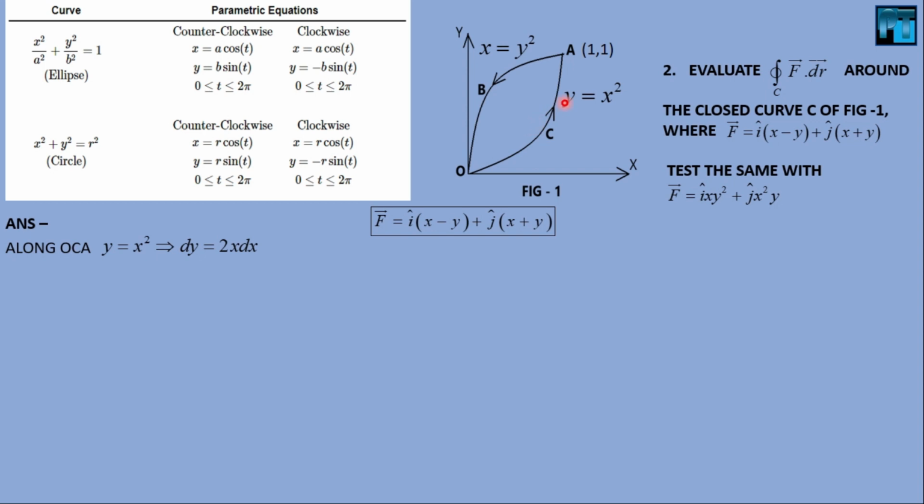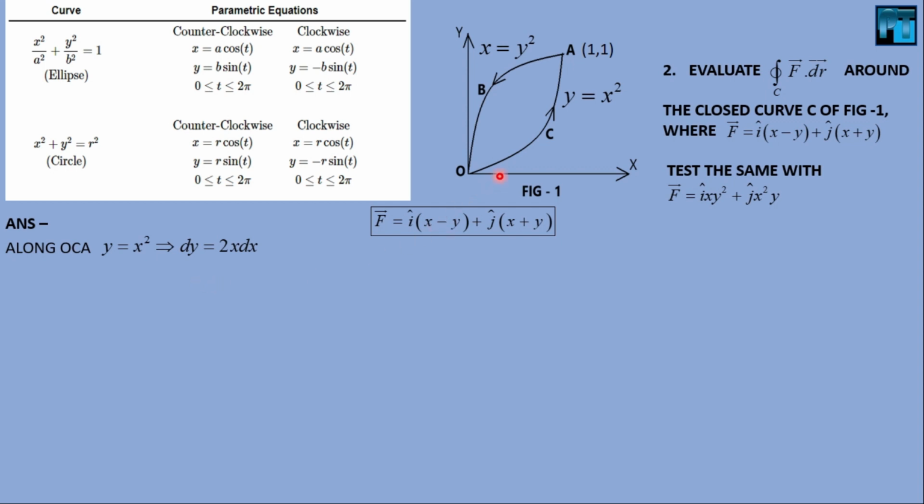This arrow shows me to start from here and go to A, and this arrow mark suggests I start from A then go to O. So always follow the arrow marks. Many of you mistakenly don't follow the arrow marks and ruin everything.